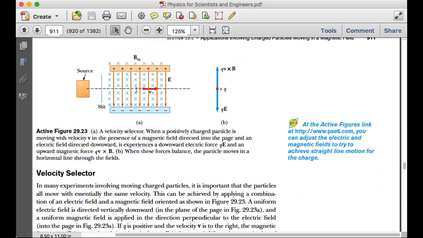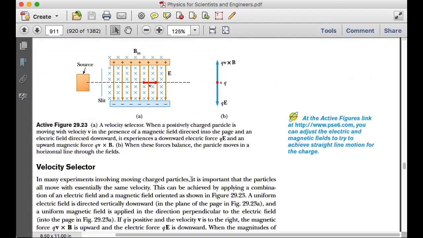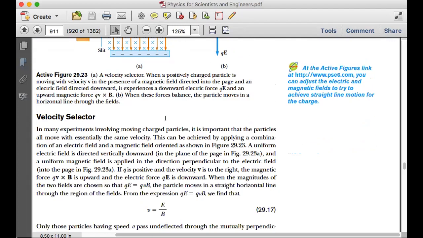So there are particles which get away from this device, and the velocity of these particles will satisfy this relation. After we select this velocity, we can determine the velocity of the particle using the electric field and magnetic field.